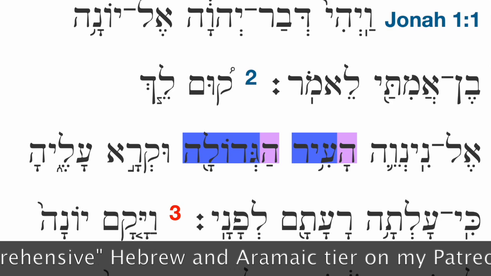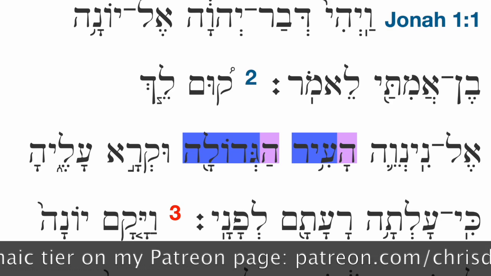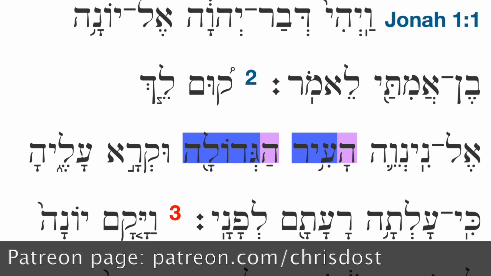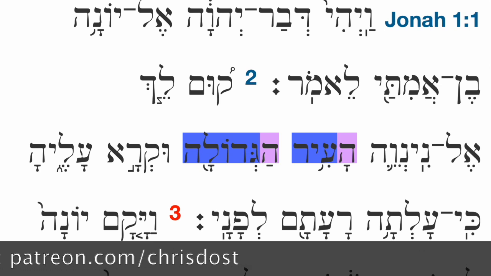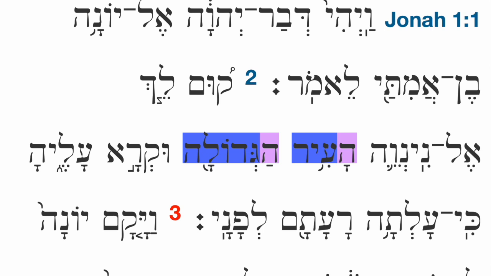Okay, so the first example here that we're going to look at is actually the second word, the word to the left in blue, gedolah. Now we've seen this before. Gedolah on its own is a feminine singular absolute adjective meaning big. But we don't just have gedolah here, we have hagdolah.